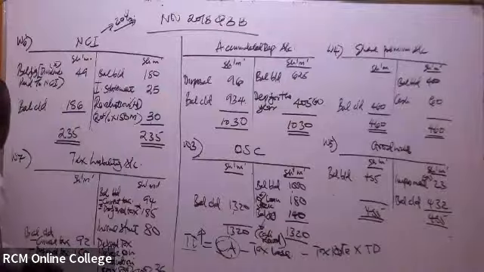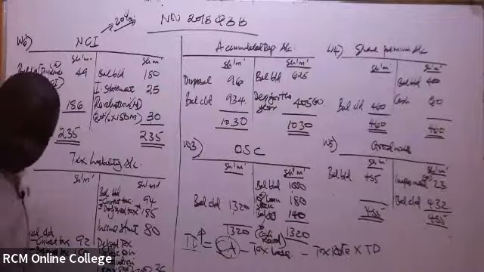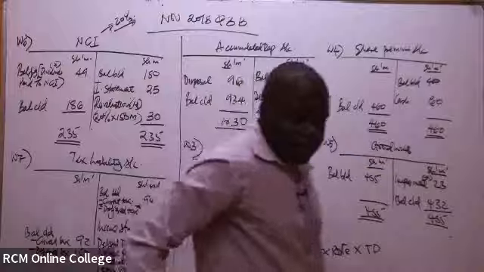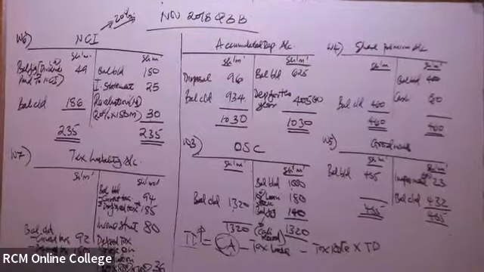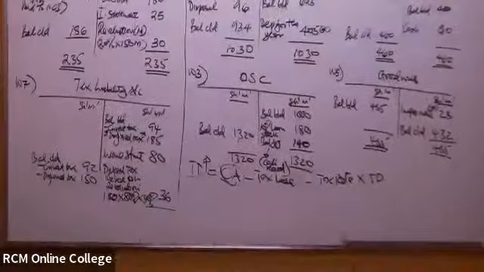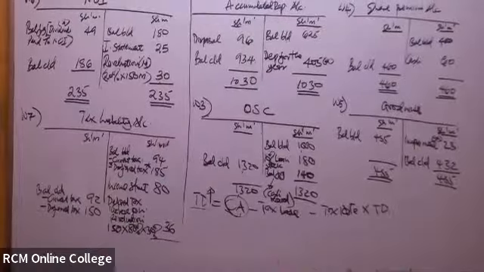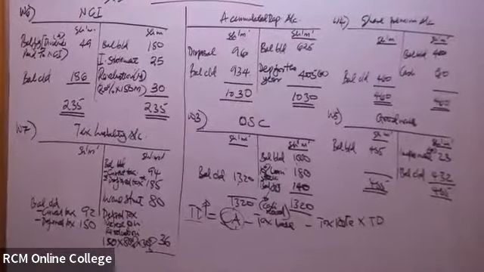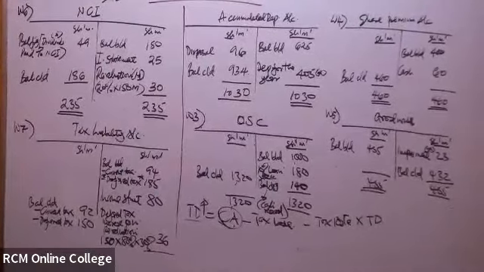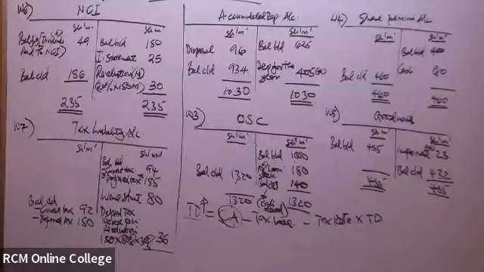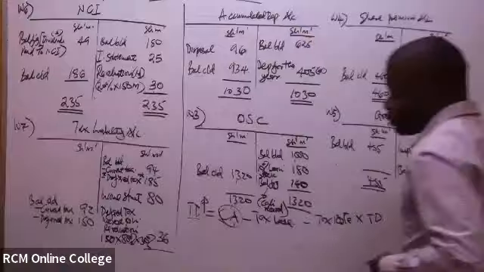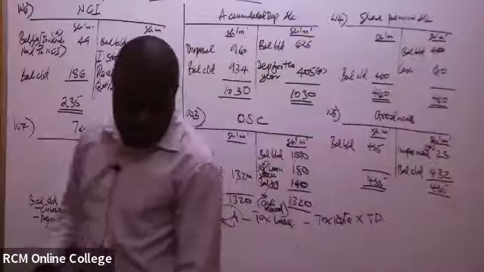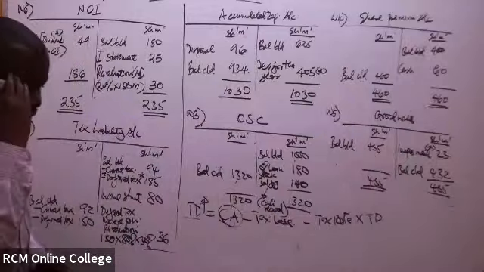So 36, I don't know whether you're able to see there. So when you add, in this case, you'll be able to get the balancing figure.